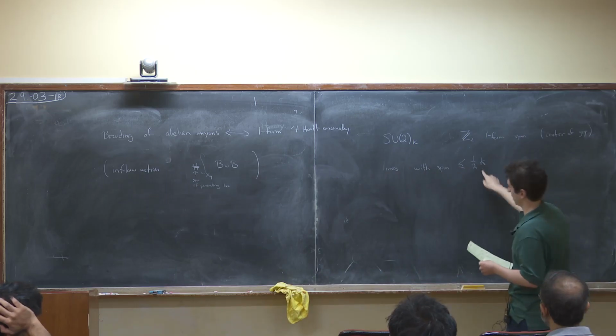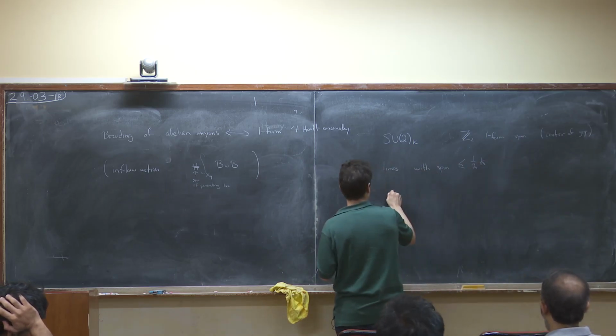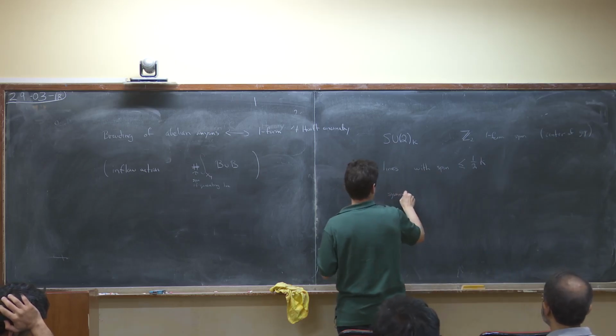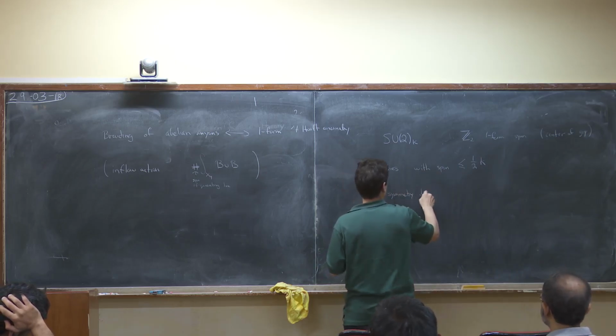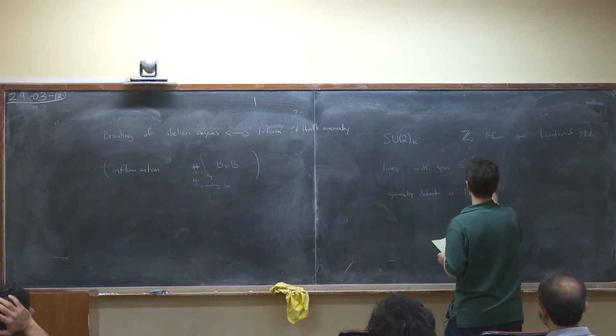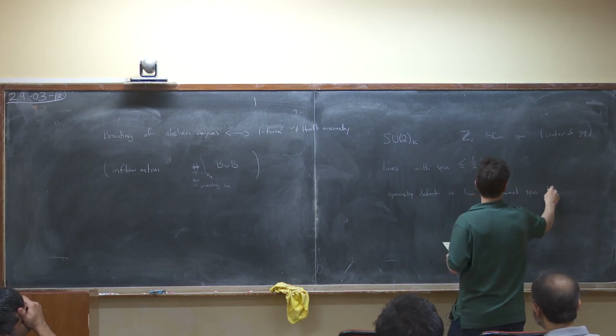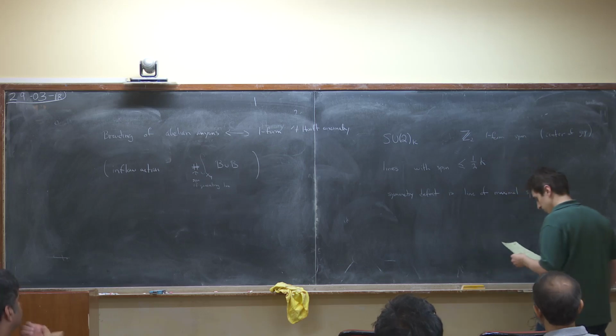And it's the one of maximal spin. So the symmetry defect is the line of maximal spin, K over 2.